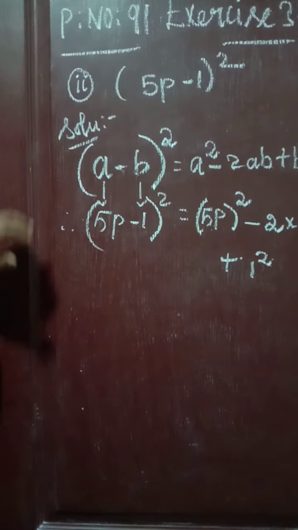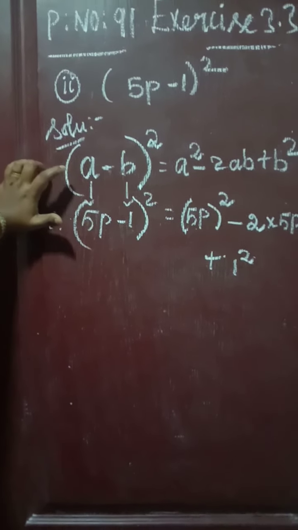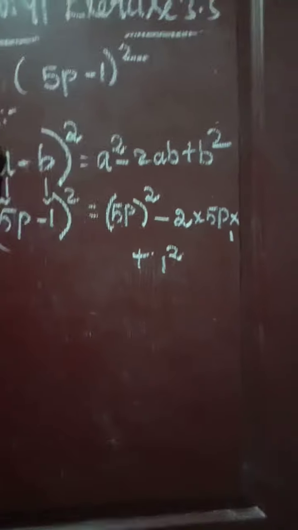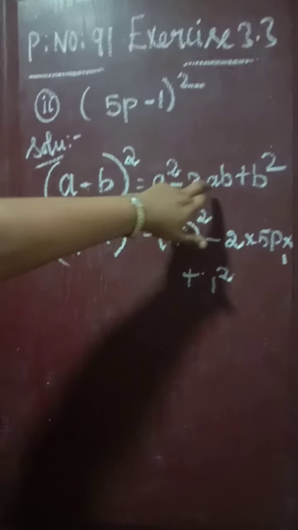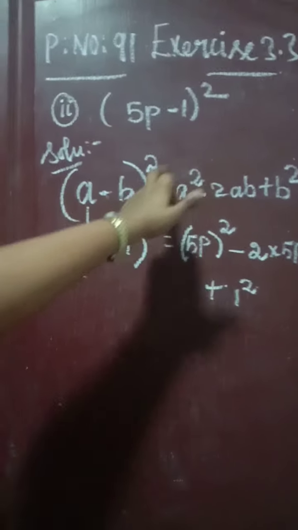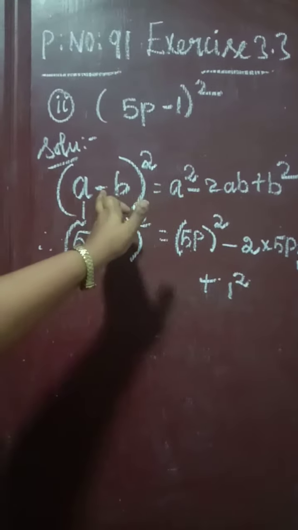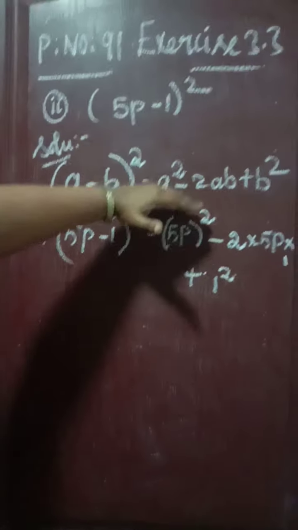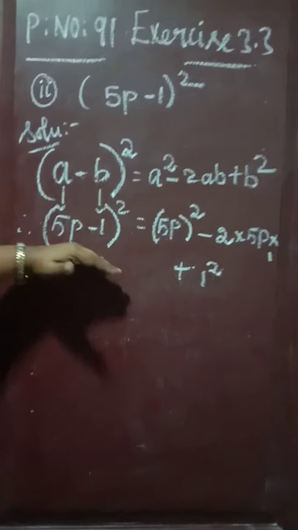Listen. In this place we have to apply the second identity, a minus b the whole square equal to a square minus 2 into a into b plus b square. Here minus comes, but the last term is plus b square. This is the identity we apply for this sum.